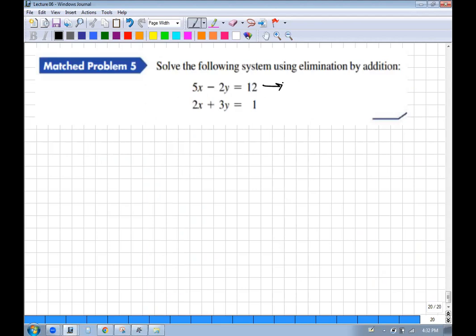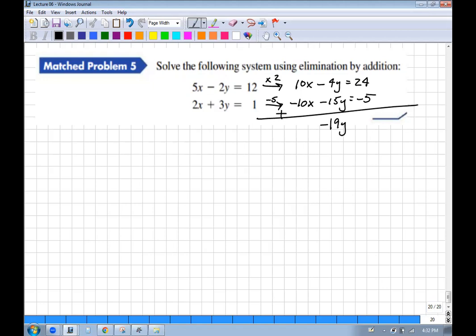If I multiply everything here by 2, I'm going to get 10x minus 4y equals 24. And if I multiply everything here by a minus 5, I'm going to get minus 10x minus 15y equals minus 5. And if I add these, the x's go away.